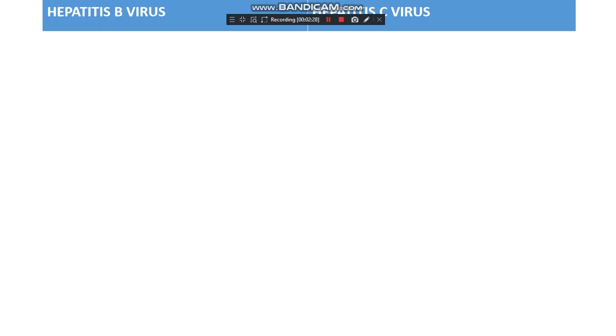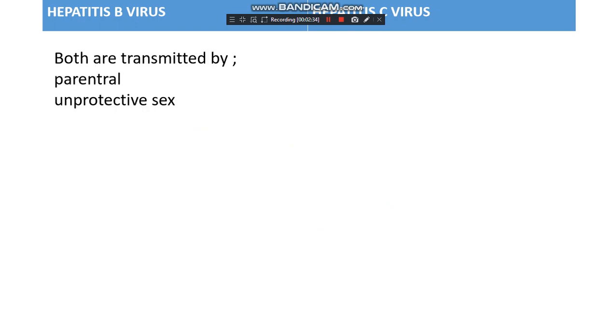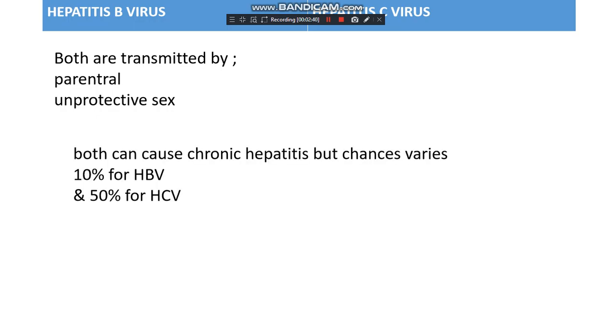Okay, then comparing hepatitis B with the C virus, because again they also show some similarities. So both are transmitted by the parenteral route and unprotected sex. Now both can cause chronic hepatitis, but the chances vary. That is to say, in only 10% of cases hepatitis B virus can cause chronic hepatitis.